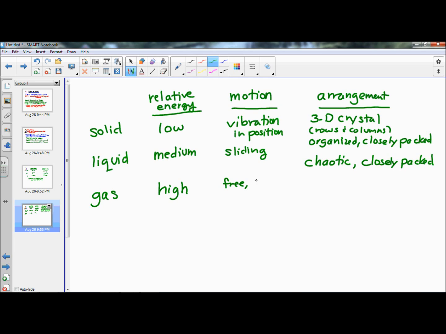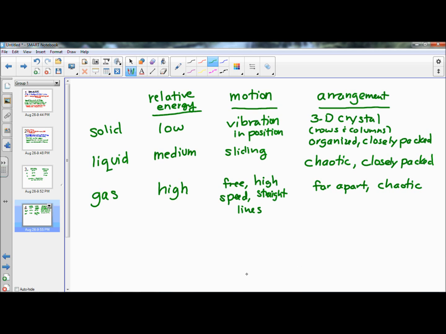Okay, they're going to move at high speed, and they're going to move in straight lines. So their arrangement would be far apart and very chaotic.